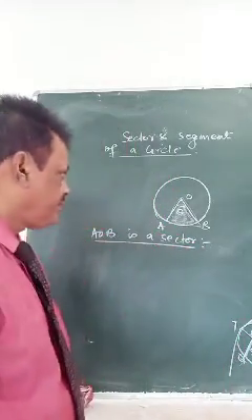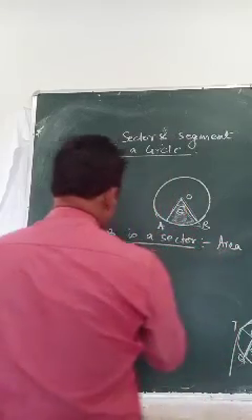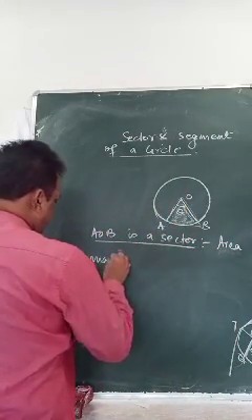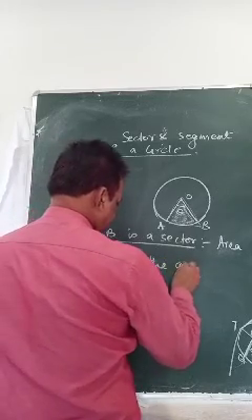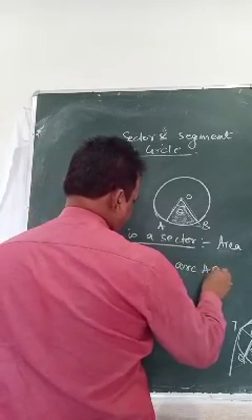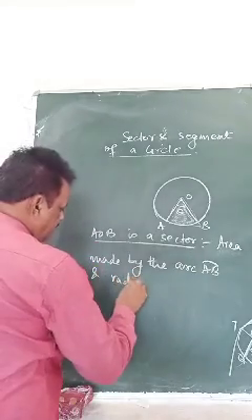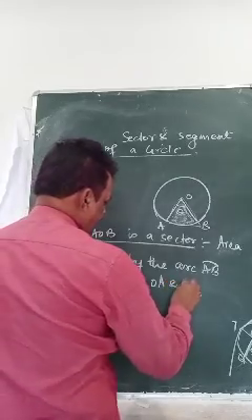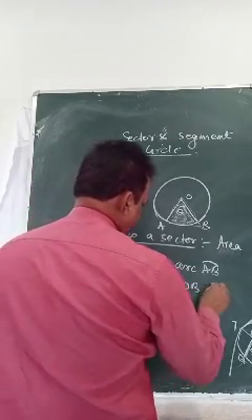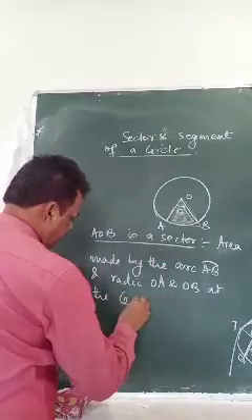That is the area made by the arc AB and radii OA and OB at the center.